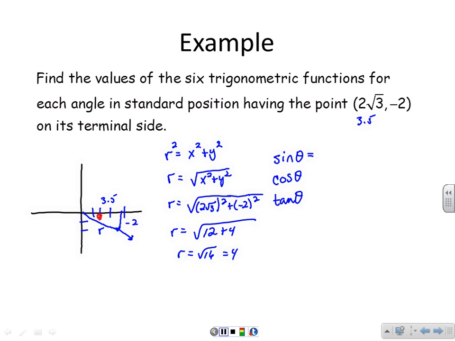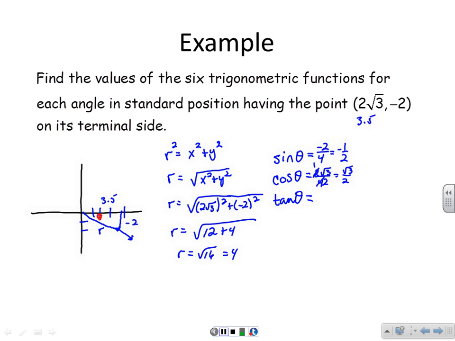So sine theta is going to be y over r, so that's negative 2 over 4, which is the same as negative 1/2. Cosine theta is going to be x over r, so we'll have 2 radical 3 over 4, and that can reduce, so we have radical 3 over 2.